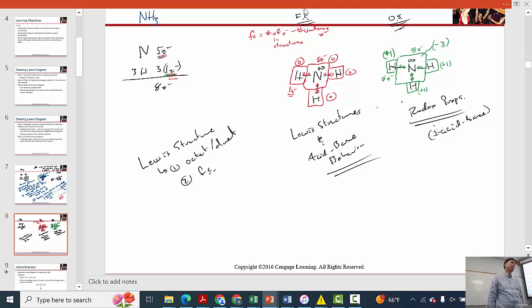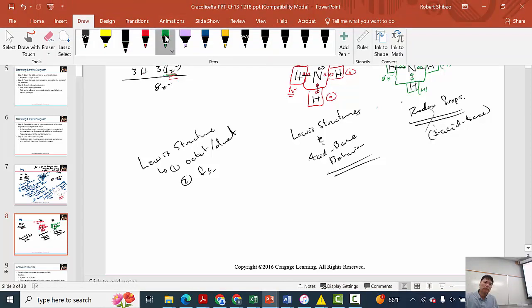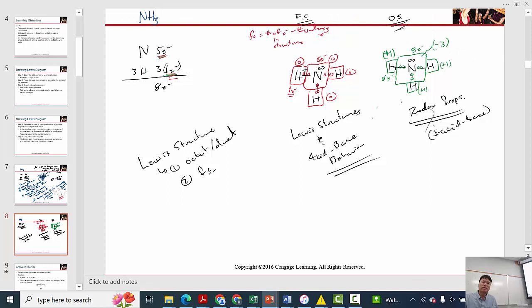Is the number of electrons in the structure for formal charge minus the number of valence electrons? Is it 8 or is it? No. Number of valence electrons is off the periodic table. How many valence electrons does nitrogen have normally? 5. Oxidation state is the exact same equation. What's the number of electrons in the structure? How we just counted here. Is it 8?